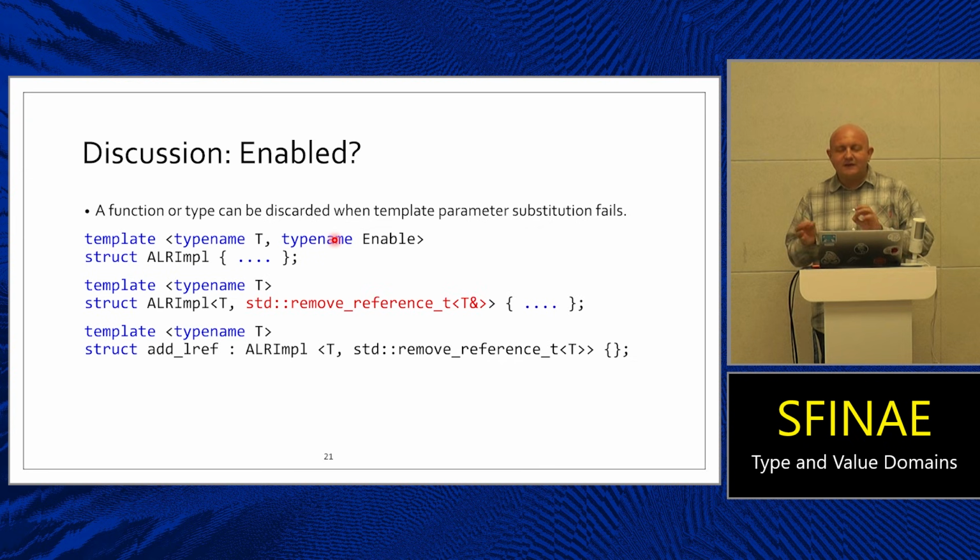And that's why this trick works. The specialization with T& is chosen whenever it's valid and ignored when it's not. So the question now is, what exactly allows the compiler to just skip the invalid template instead of reporting an error? And we'll answer that on the next slide.